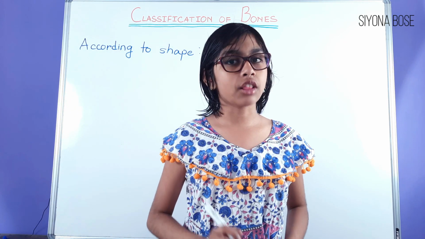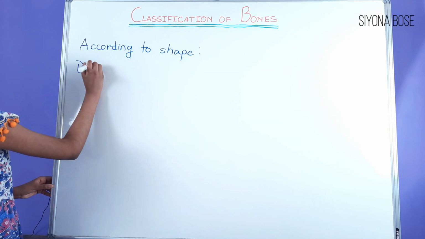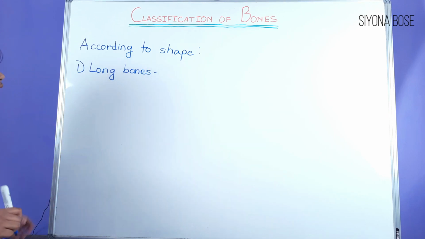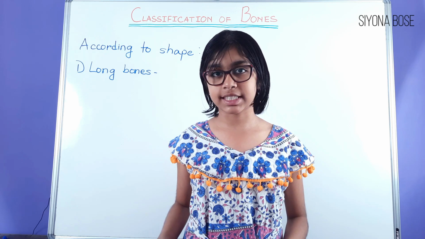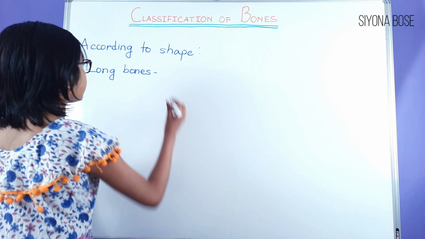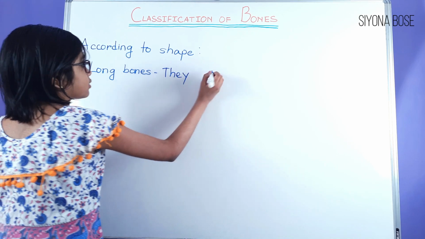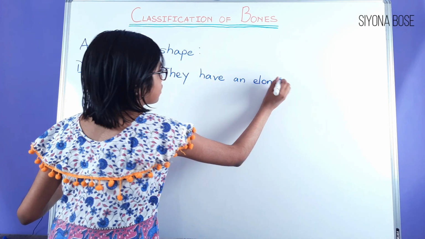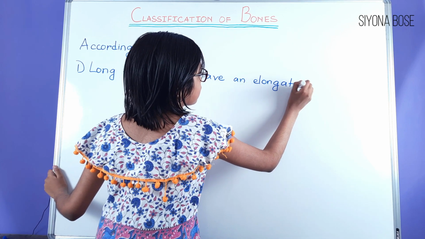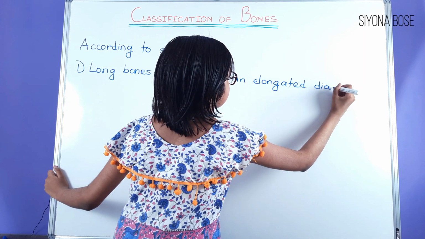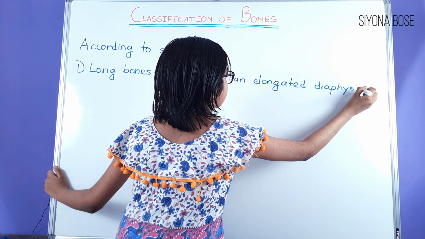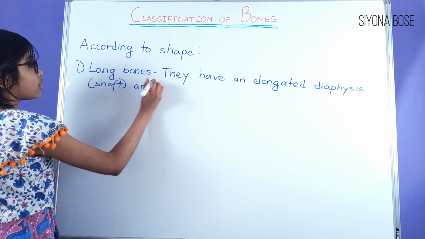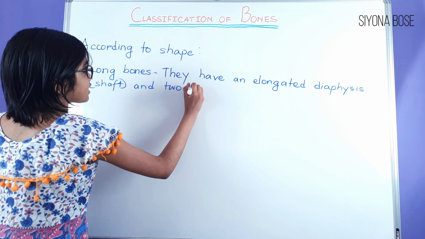So let's begin with long bones. They have an elongated shaft or diaphysis and two epiphyses at the ends.